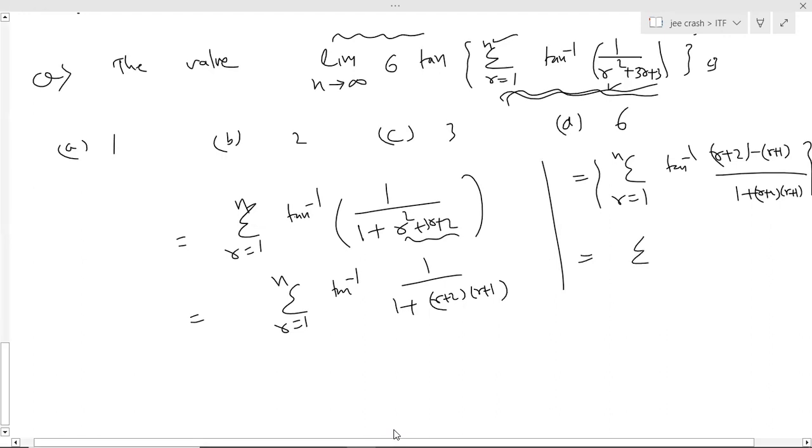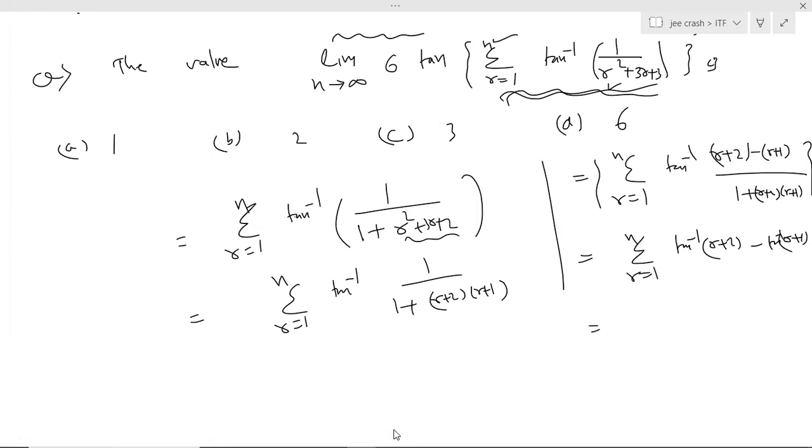So this thing will be summation r from 1 to n tan inverse r plus 2 minus tan inverse r plus 1. Okay, so this is the same pattern. So what will remain in the last? Tan inverse n plus 2 minus tan inverse 2. Is it clear, everyone? I did not cancel everything.